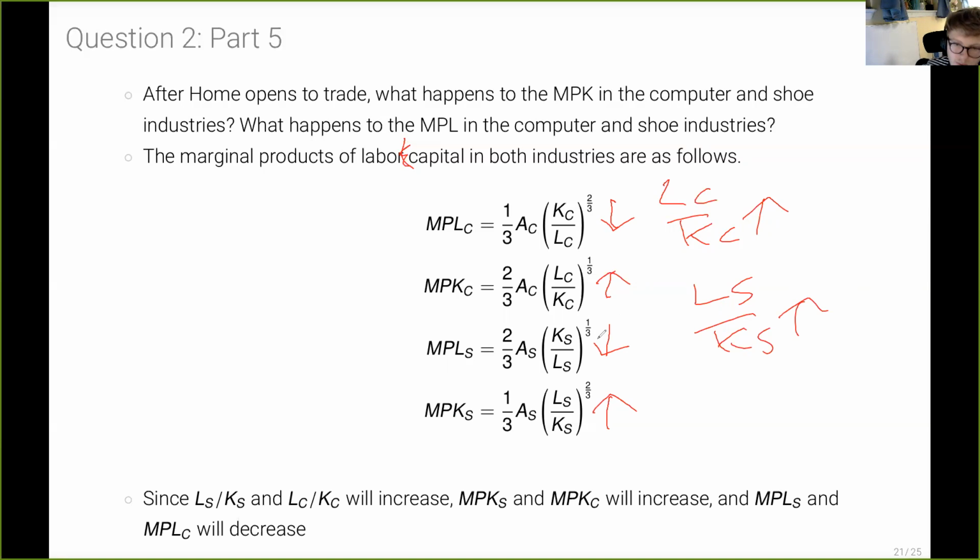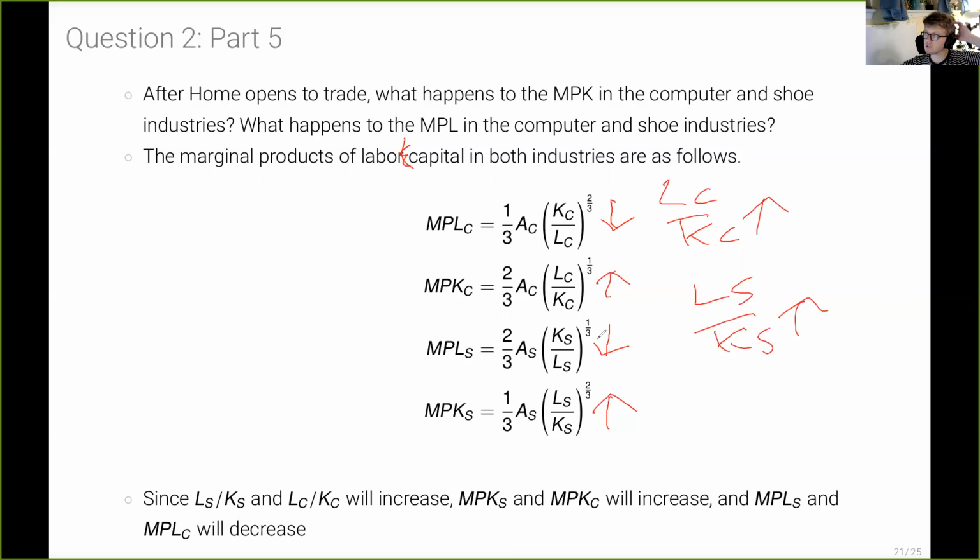And so that's saying what I just said there. The reason you can think of that is that we have relatively more labor working per unit of capital in each sector, and so you can think that now capital is working. We have relatively more labor for each unit of output.